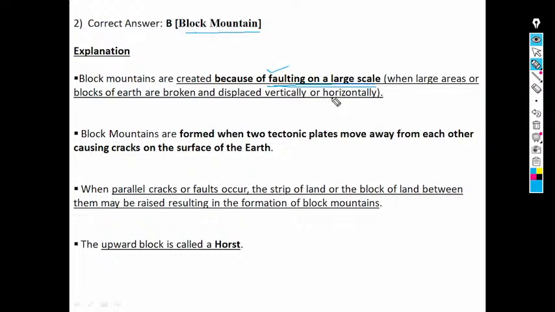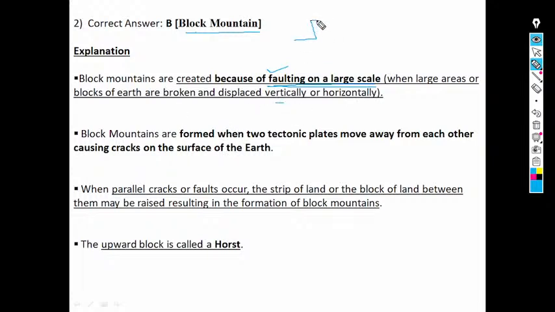Large scale means when large areas or blocks of earth are broken and displaced vertically or horizontally. How are block mountains formed?